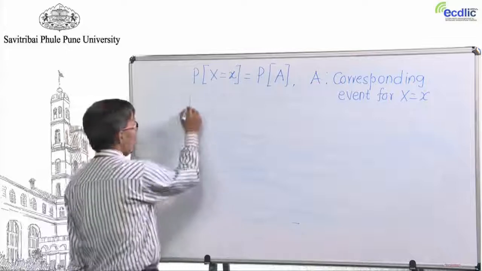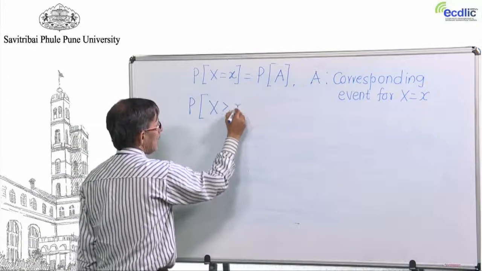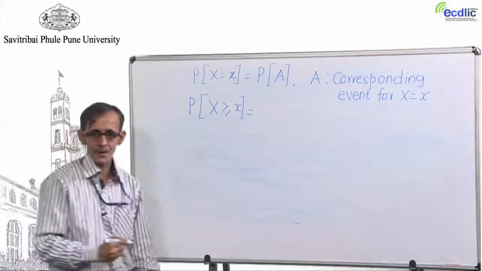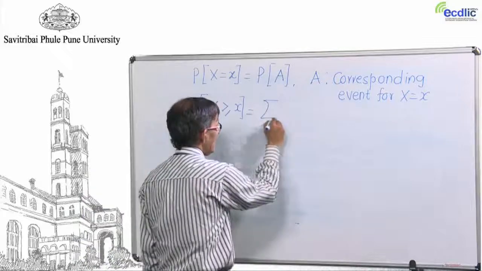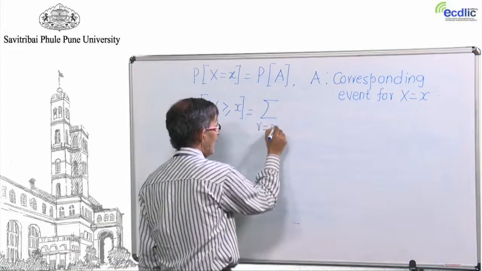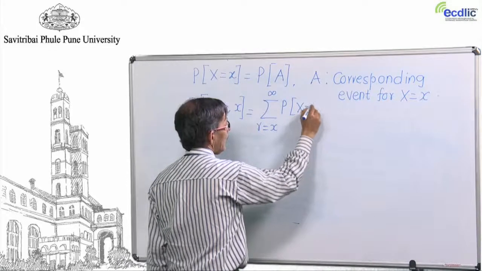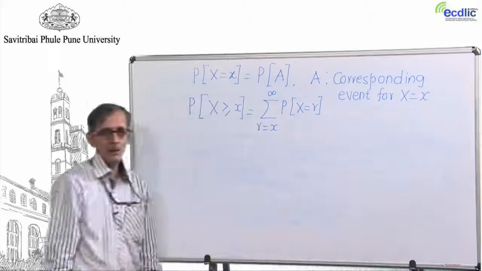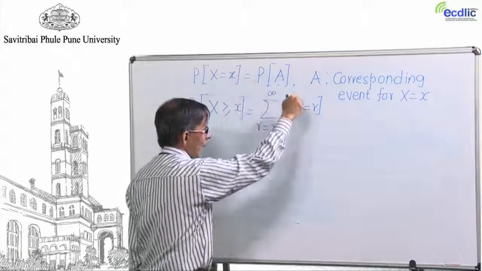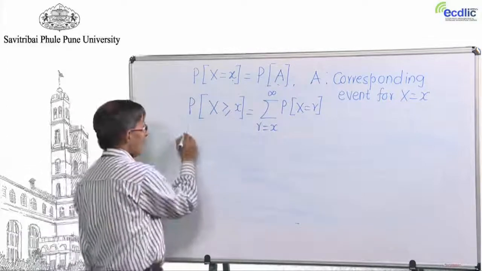Now, suppose I want, how do I calculate this? This is calculated as, and what I will do is I will collect all these events A and corresponding probabilities and sum them.